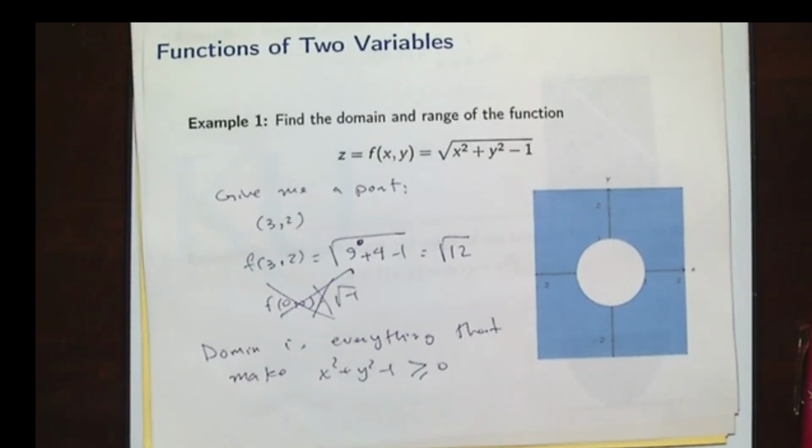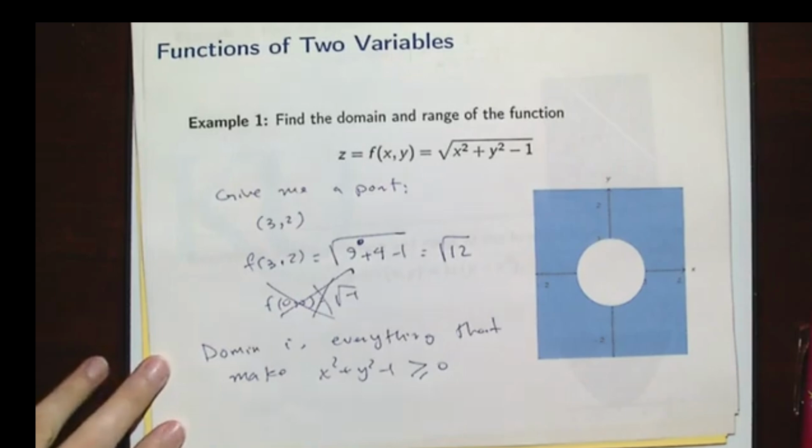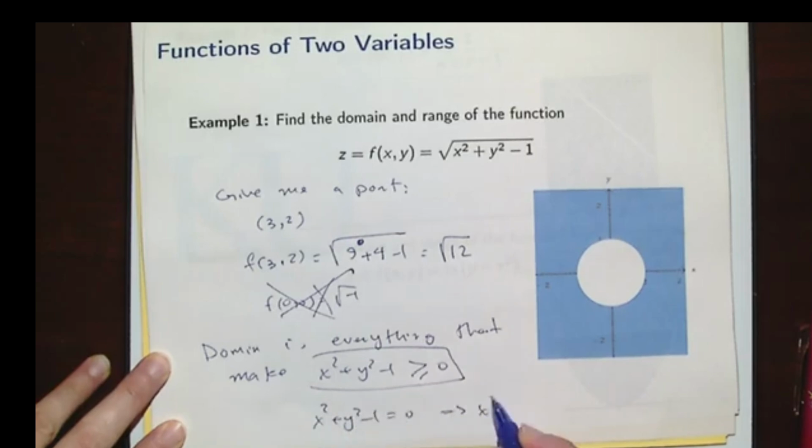If you watch the pre-lecture, it covers inequalities from pre-calculus. But let me remind you: to draw the solution to this inequality, I first set it as equal. If I set this as equal, what do I get?